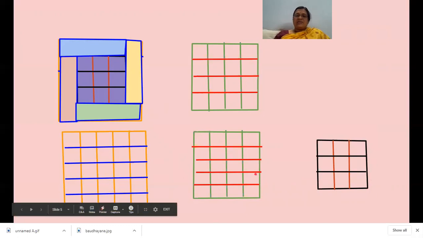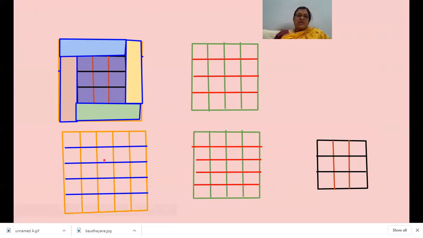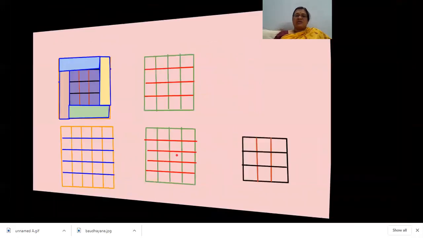So 9 plus 16 is equal to 5 by 5, that is 25. So according to this theorem, the square on the hypotenuse is equal to the sum of the squares of the other two sides.